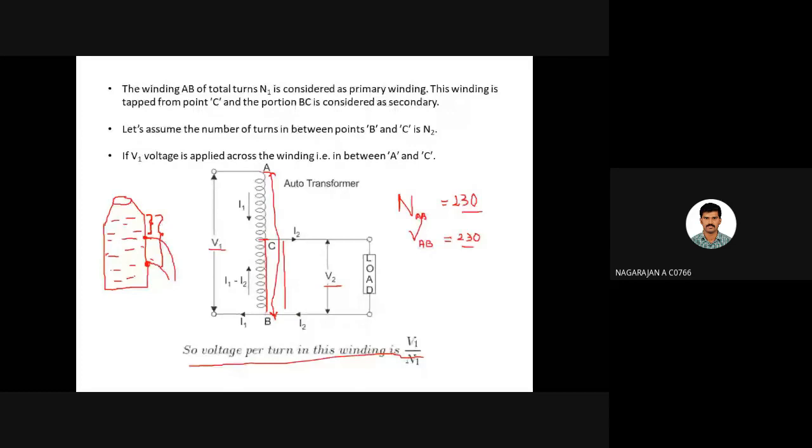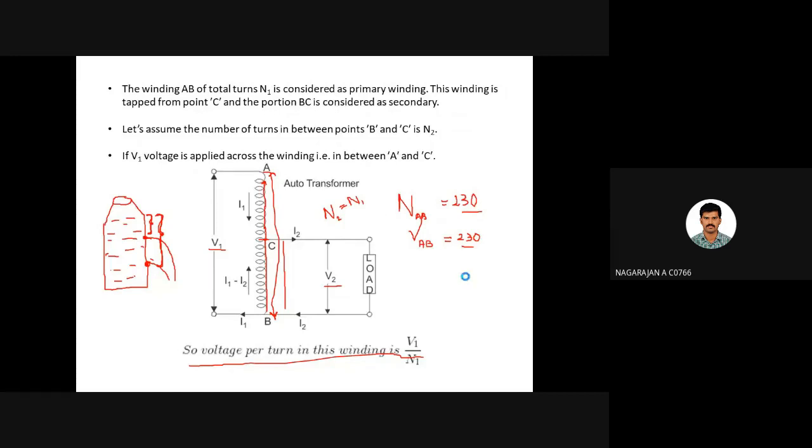What is the simple theory behind it? If you want more voltage at the load side, you should make the center tapping higher. So when N2 reaches, and the number of turns in the secondary comes closer to N1, we will get the maximum amount of voltage at the load side.